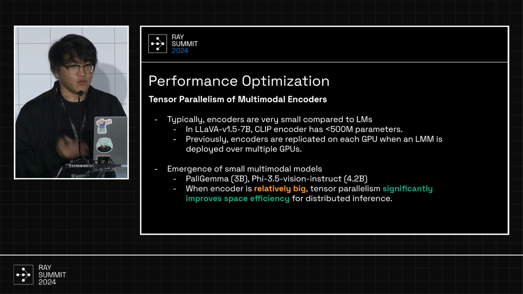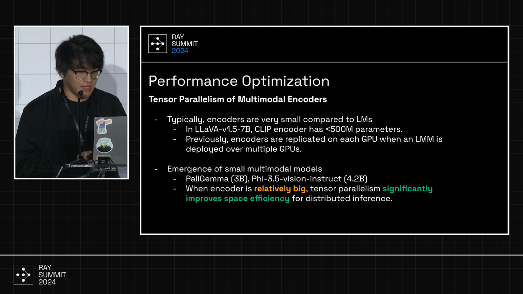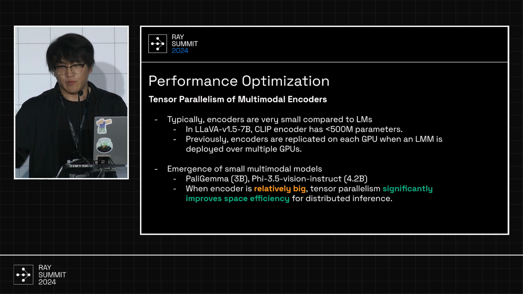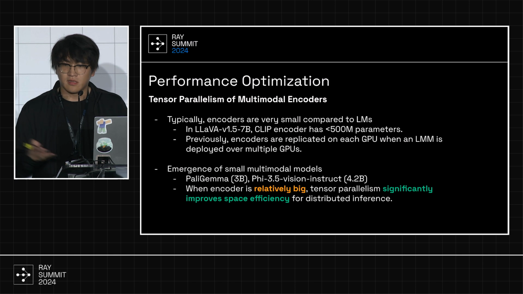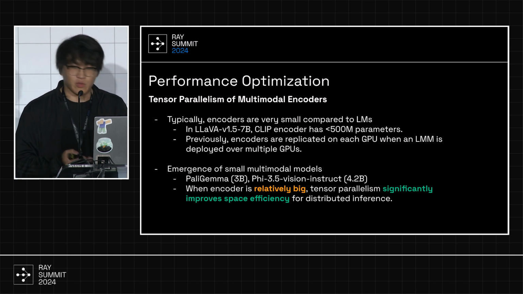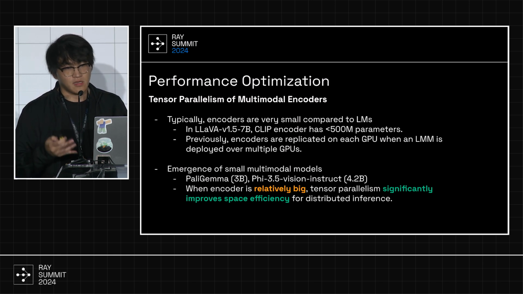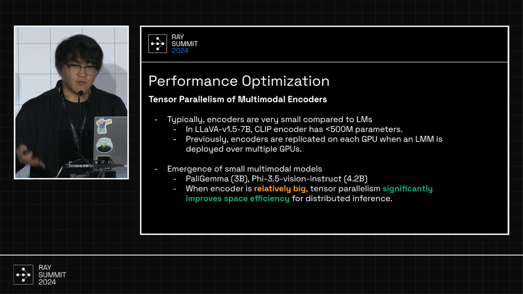Meaning, if someone wants to serve these models over multiple GPUs, and each encoder is replicated on each GPU, in a 4 GPU scenario you're wasting over a gig of memory on the GPU. So we did TP on all these encoders so that we can significantly save space that can be reserved for the KV cache, which leads to higher throughput overall.